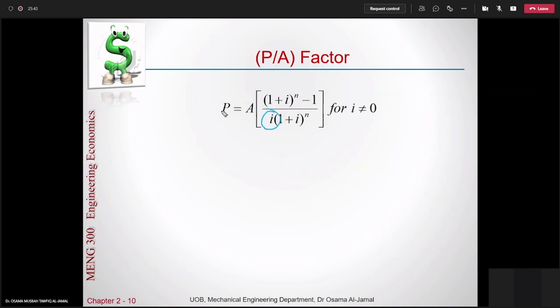Since the numerator is divided by I, if you put I as 0, this is undefined. That's why this applies only when I is not equal to 0.